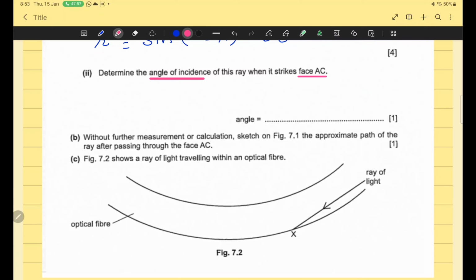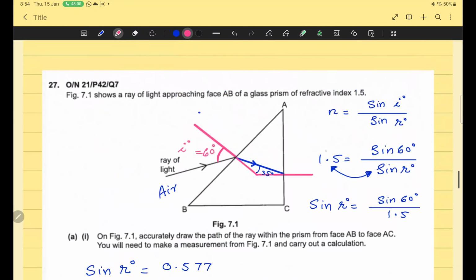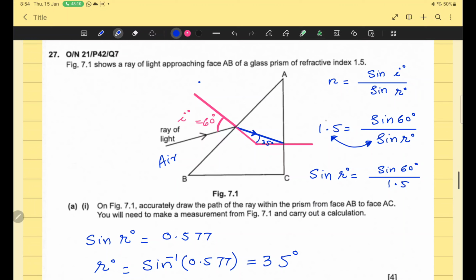And now the question, 1 mark for further path of ray through the face AC. So you have to draw the further ray. And this ray, when it enters into the air, it will bend away from the normal, not towards the normal.